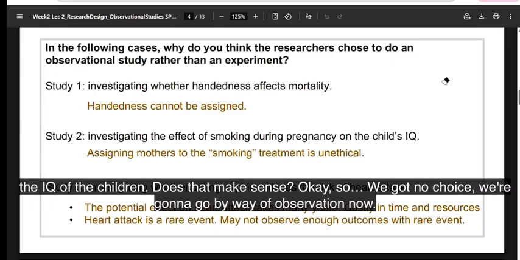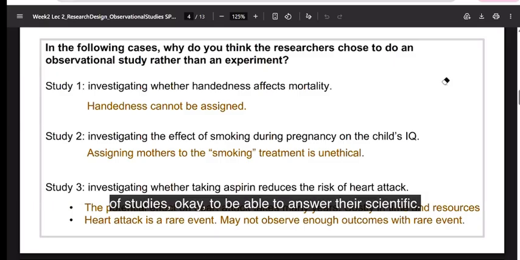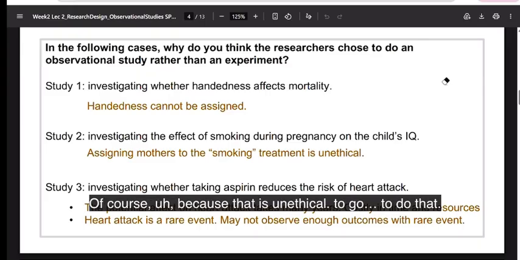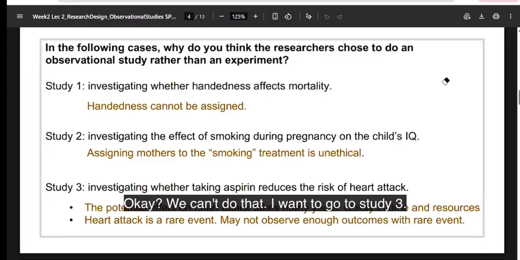We're going to go by way of observational studies to answer that scientific question, because going by way of experimental study is unethical. We can't do that.